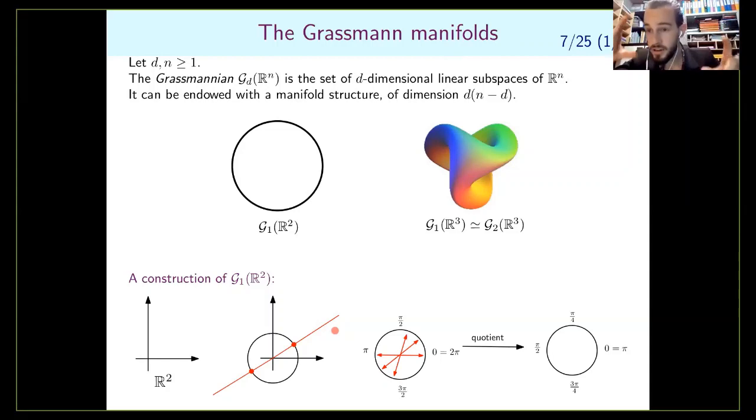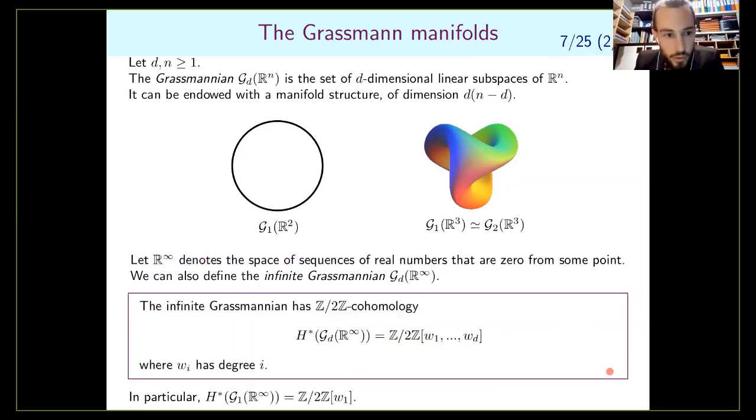But identifying antipodal points on the circle gives you again a circle. For the interpretation, at the beginning, the circle goes from 0 to 2 pi. But if you take the quotient, it goes from 0 to pi.